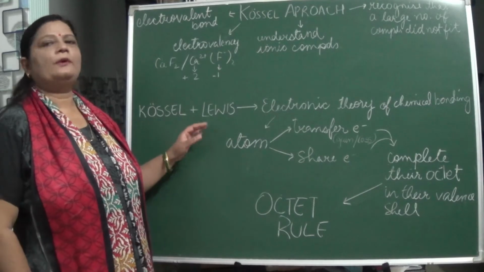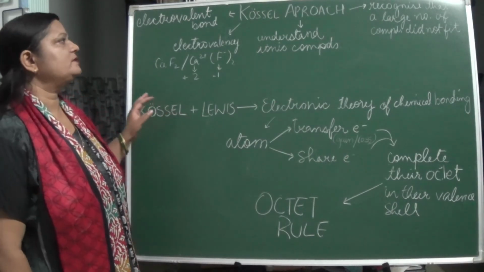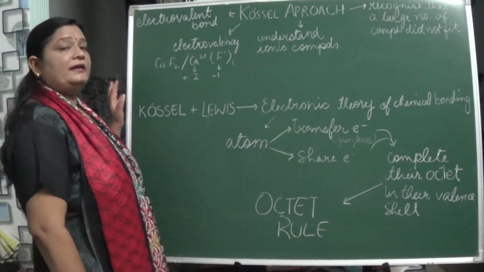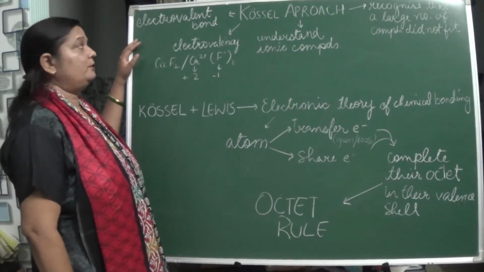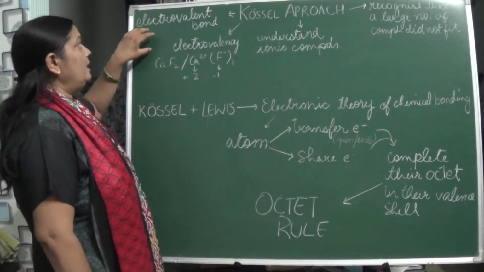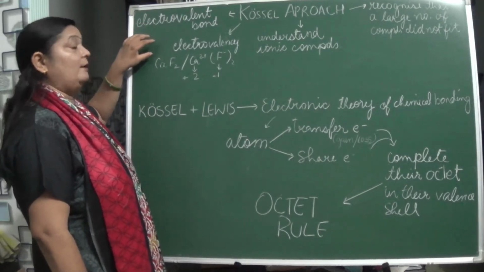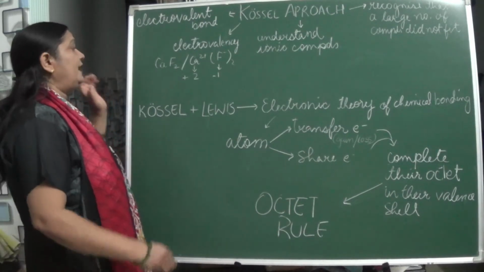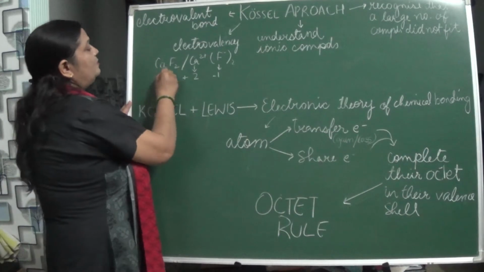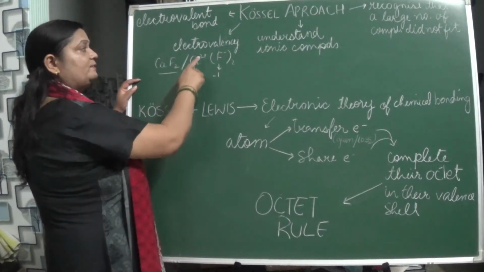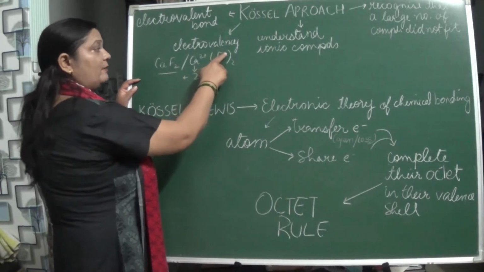Now let us study the significance of Kossel's approach to the theory of chemical bonding. It was his great achievement, because this electrovalent bond could also explain electrovalency. Suppose we take calcium fluoride: the charge which calcium acquires is +2 and fluorine is -1.